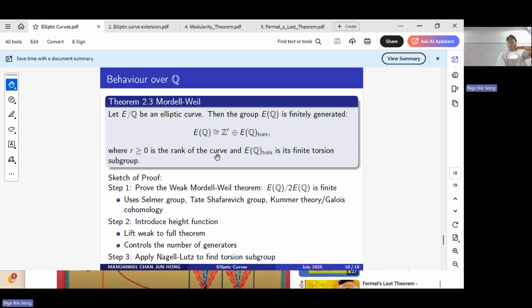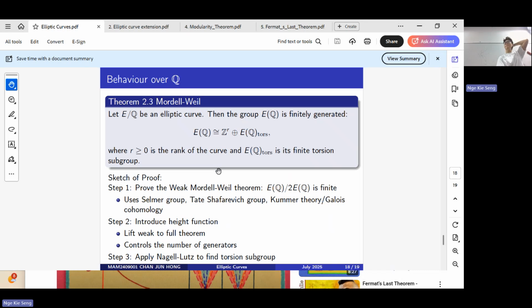So in Z to the power of r, r is the number of infinite generators in the group. Okay, so basically this isomorphism just splits the points into infinite order and torsion. Yeah, torsion means those of finite order. But an interesting thing about this elliptic curve is that the infinite order generators are not unique.